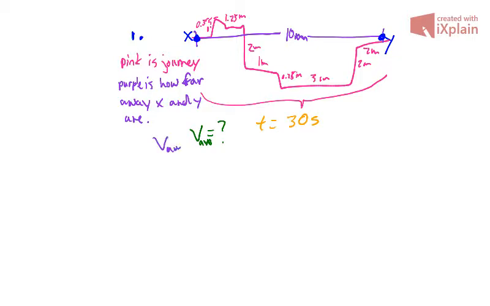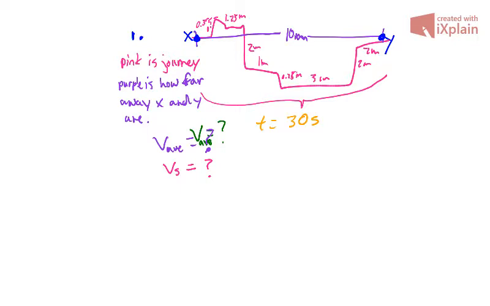V average equals, and V sub S, speed, equals what? So find the velocity, find the speed. In order to find the velocity, you need the displacement first. In order to find the speed, you need the distance first. So that's problem one.